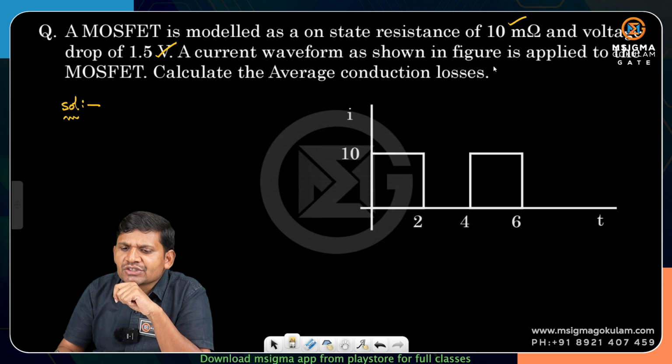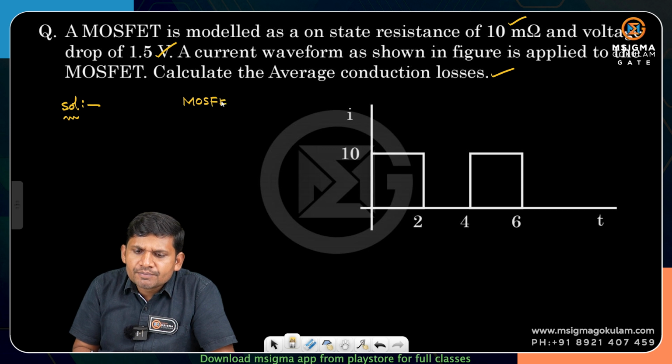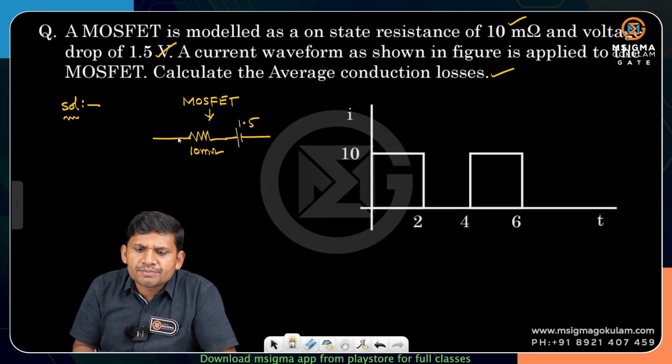Calculate the average conduction losses. What data is given? A MOSFET is modeled with an on-state resistance of 10 milliohms and a voltage drop or cut-in voltage of 1.5 volts. It is modeled like this.